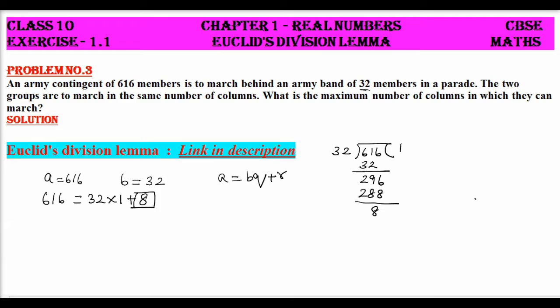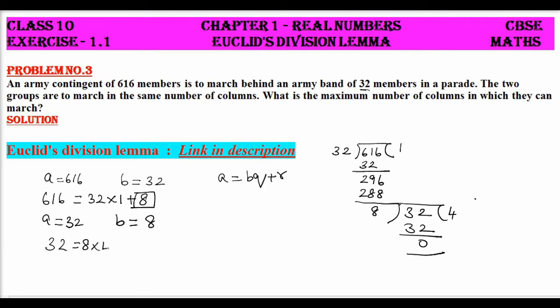So again let me divide, taking A equal to the previous divisor 32 and B equal to the remainder 8, so that I get the quotient 4 and the remainder 0. So I have got 32 as 8 into 4 plus 0. So in this step, I have got the remainder as 0.